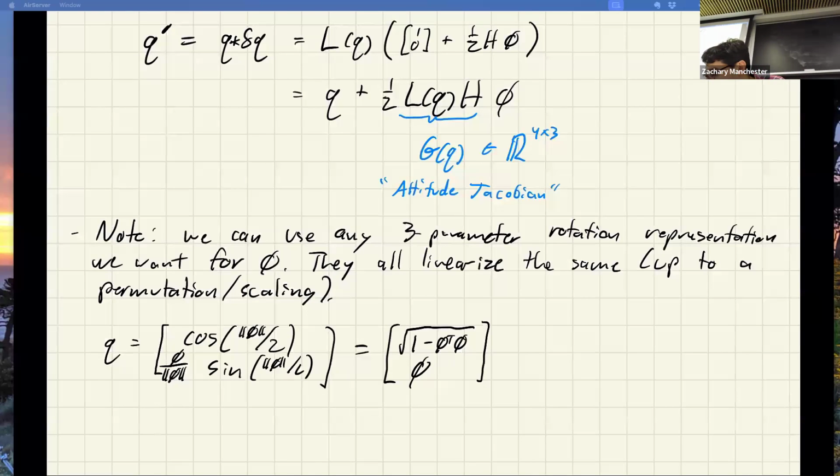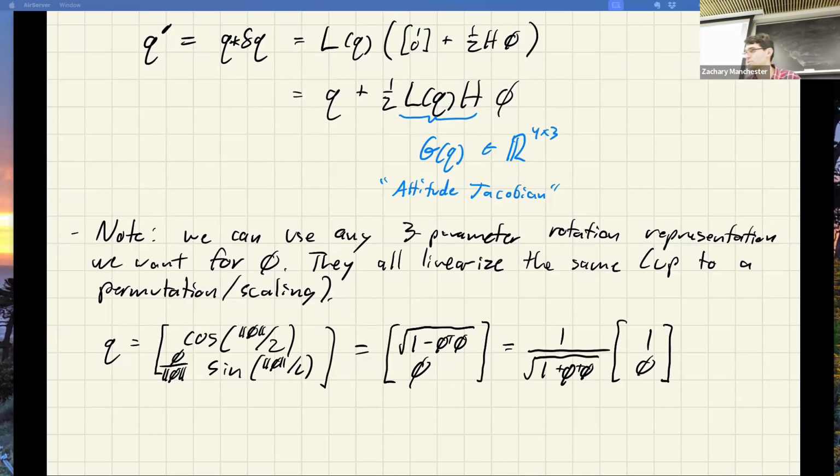The other one that's really common is called the Gibbs vector or the Rodrigues parameters. Has anyone heard of this before? Yes. So the mapping back from that one is this. There's a normalization out front, and then it's just this. It's almost like using the quaternion.